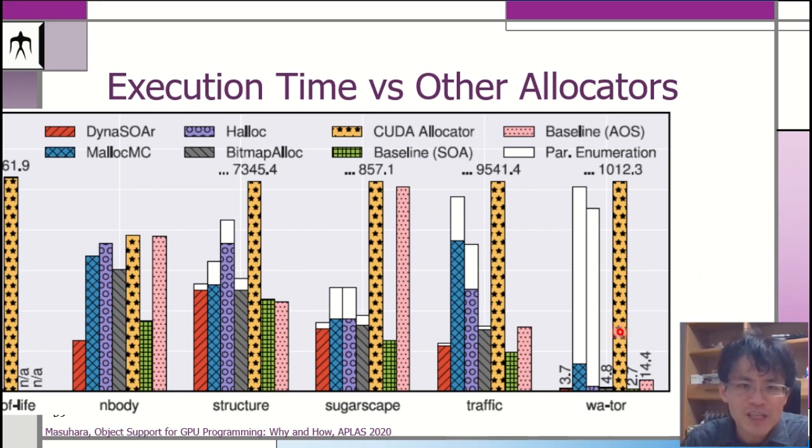And in each group, from left to right, there is a bar corresponding to the execution time of Dinosaur, the 4 other memory allocators, and the application written without using dynamic allocations. Since the height of the bar shows the execution time, we can see that the Dinosaur execution is faster than the other memory allocators.